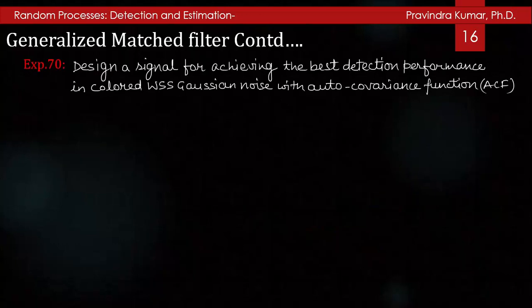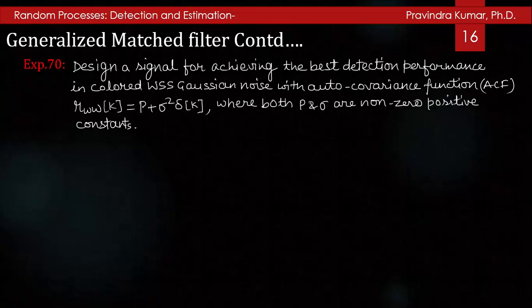We wish to design a signal for achieving the best detection performance in colored wide sense stationary Gaussian noise with autocorrelation function ACF, R omega omega k, equal to P plus sigma square delta k, where P and sigma square are non-zero positive constants.